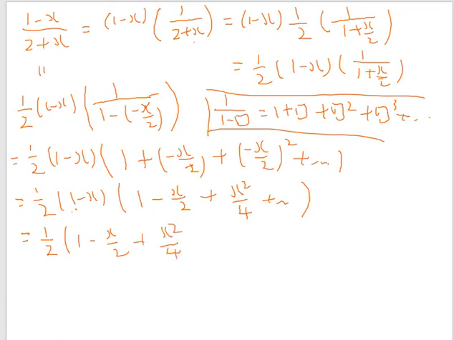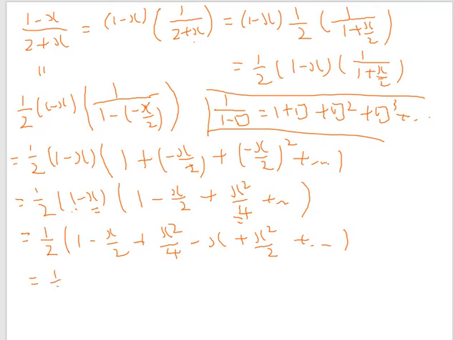Then you take minus x times 1, which gives you minus x. Minus x times minus x over 2 will give you plus x squared over 2, and so on. Minus x and x squared over 4 give you x cubed, so you can just ignore it.